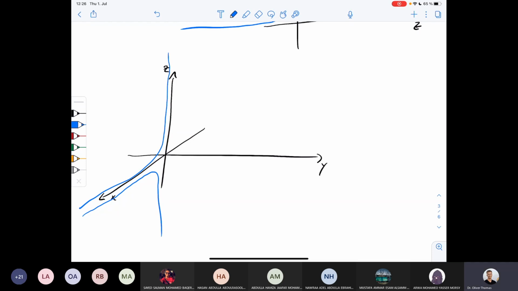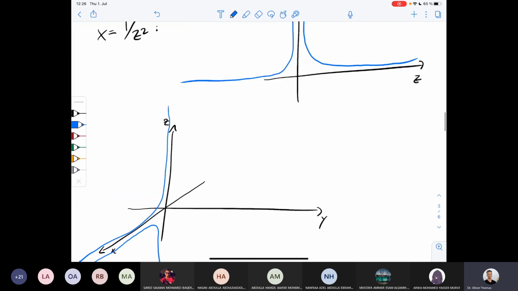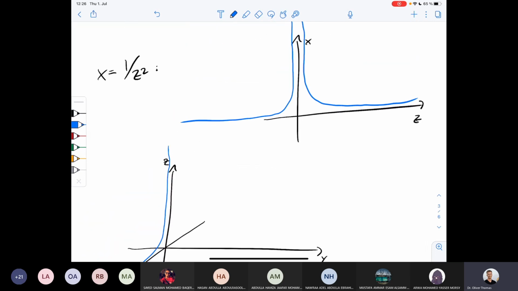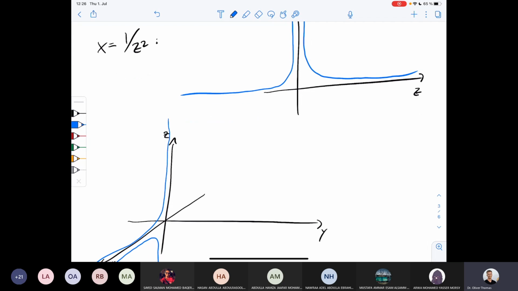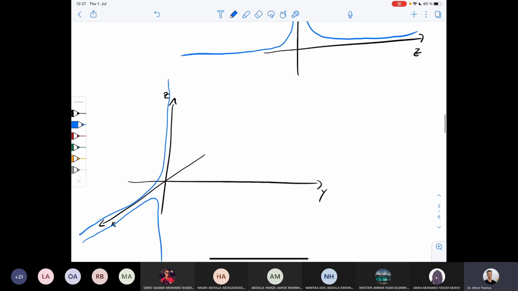But this, of course, is still not a surface. This is not the surface x equal to 1 over z squared. This is the plot of the curve x equal to 1 over z squared and y equal to 0. So to make the surface out of it, yes? Why is z negative?